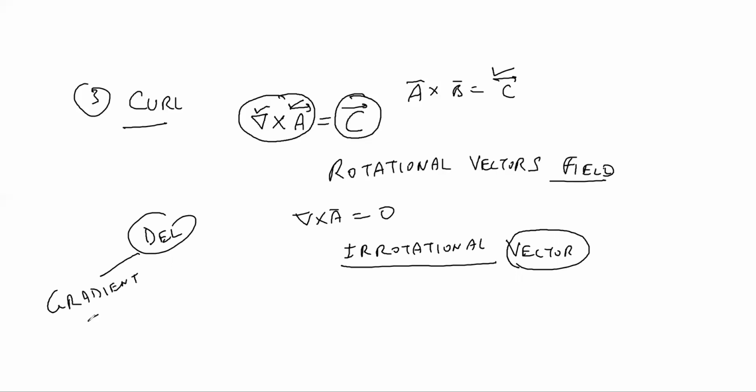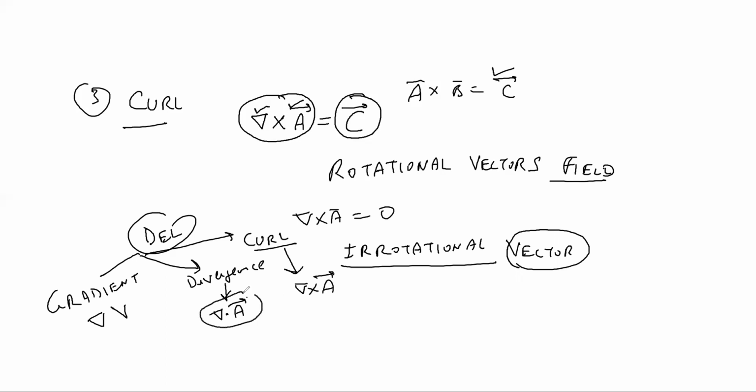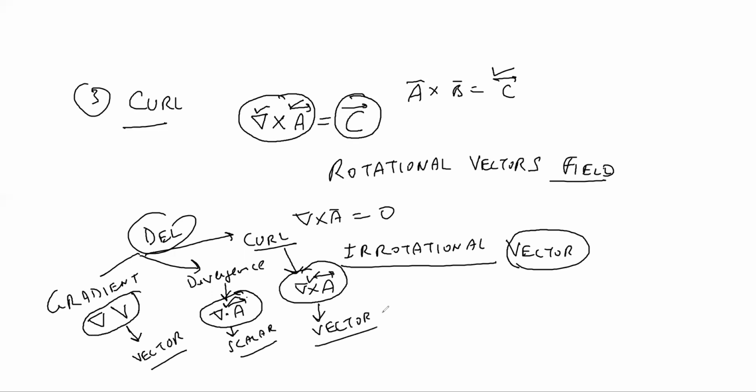So friends, today we have discussed del and its three operations. Gradient is when del operates on a scalar field, divergence is when del operates on a vector field with a dot product, and curl is when del operates on a vector field with a cross product. In gradient we get a vector, in divergence we get a scalar, and in curl we get a vector.